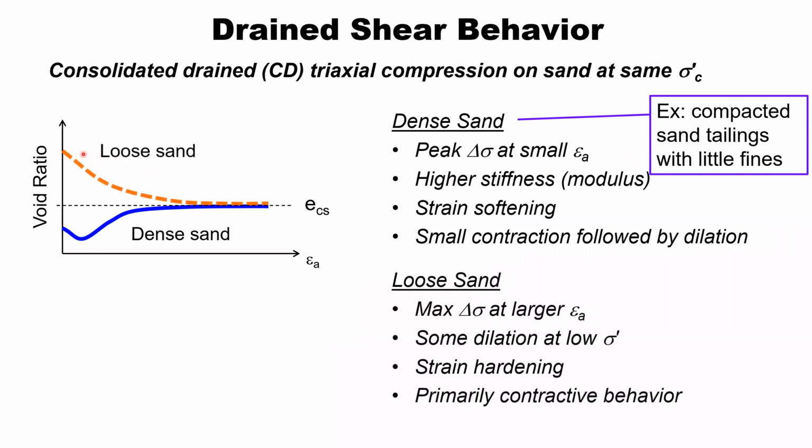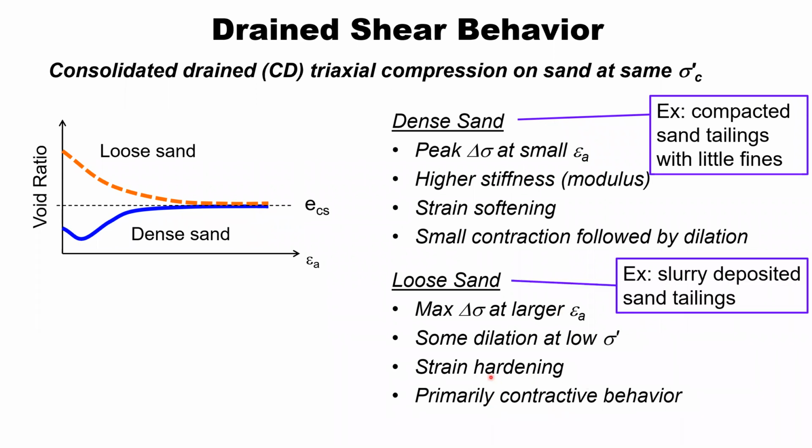Loose sand, on the other hand, remember, contracted throughout shear. It started loose and all the particles fell into the open spaces. Void ratio goes down. It generates its largest shearing resistance at large strain. That is a strain hardening or ductile response, and it's almost all contractive.